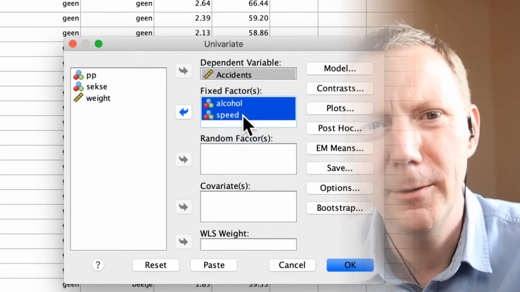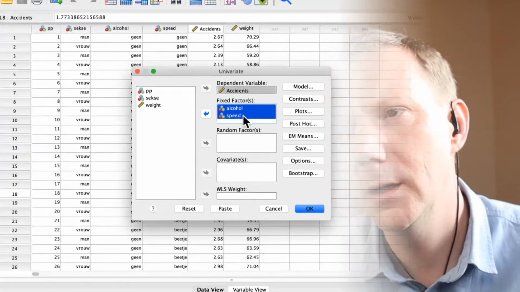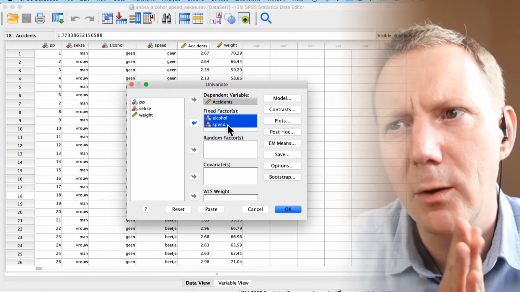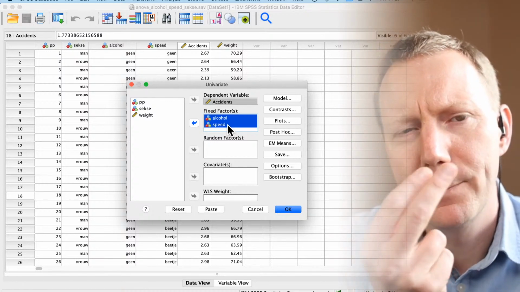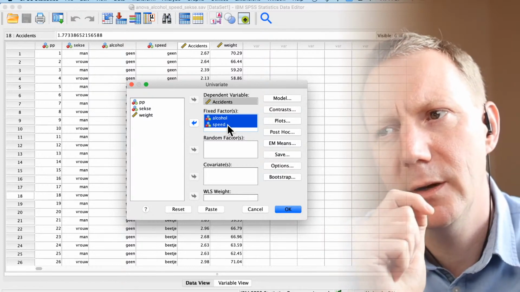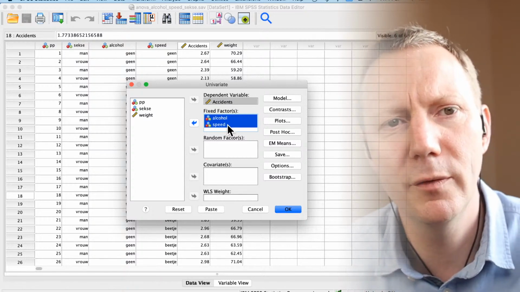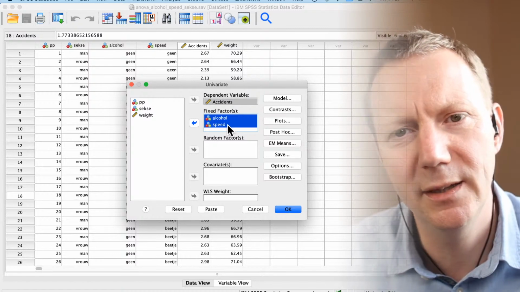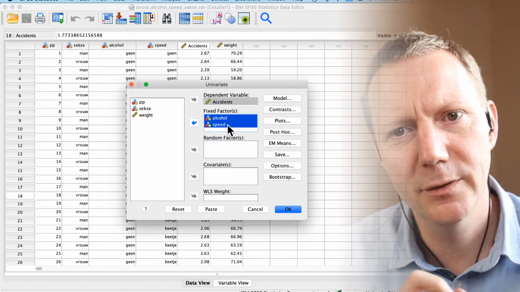Now, we could stop there, but as we've already stated with our one-way ANOVA, if there are more than two levels within our independent variables, and we find an ANOVA which states that there is more signal to noise for one of the independent variables, then we don't know where that difference is.